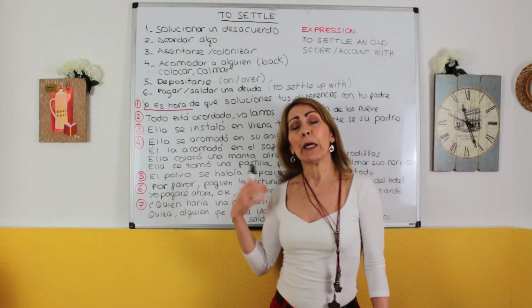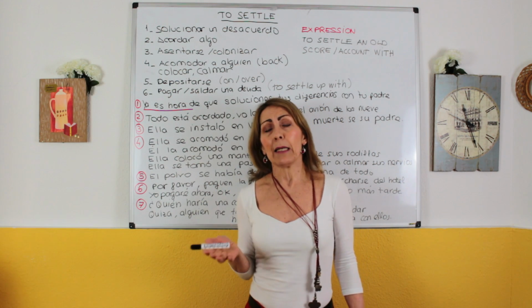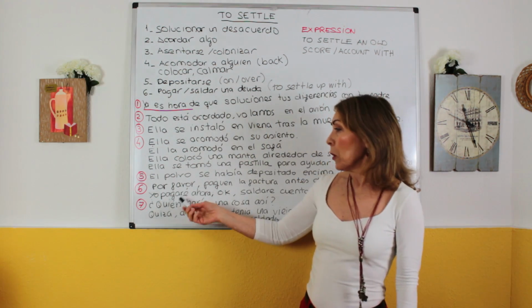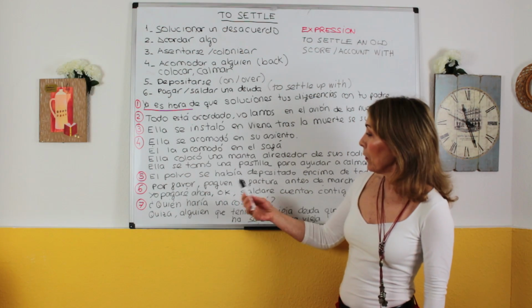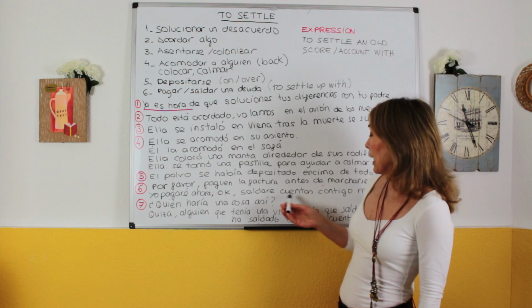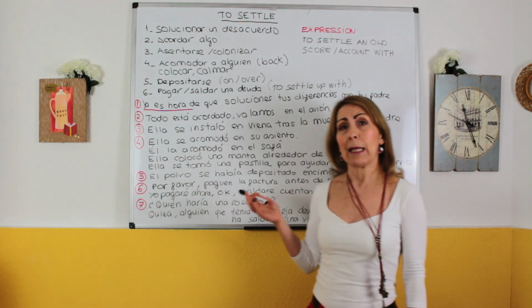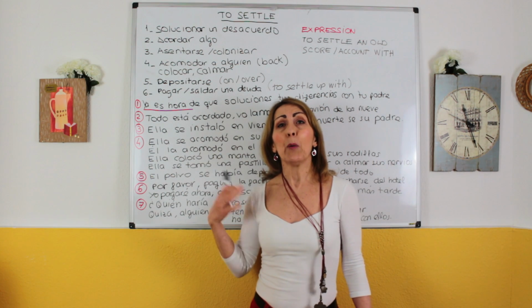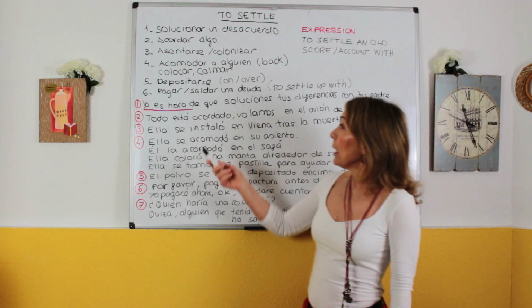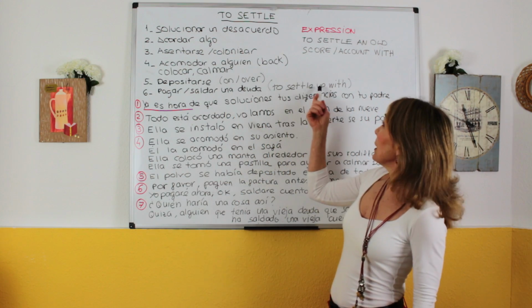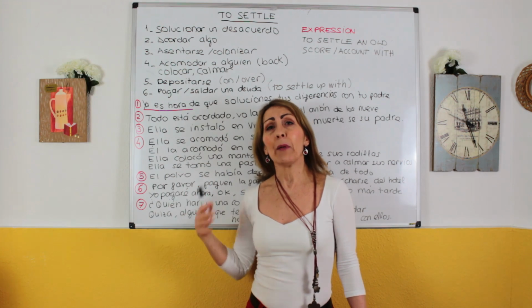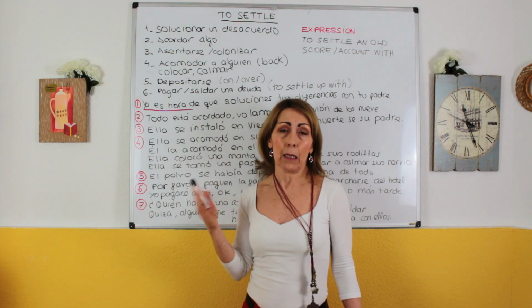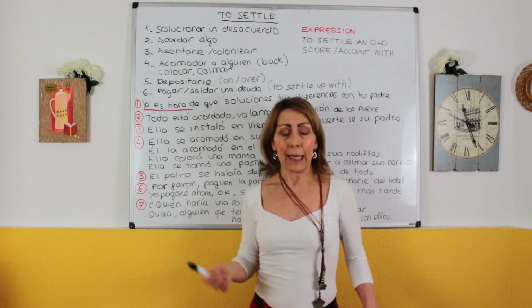The future simple because it's something that you decide at the moment. So, yo pagaré ahora, I'll pay now. And the other person says, saldaré cuentas contigo más tarde. I'll settle up with you later. Saldar cuentas, to settle up with. Or we can also say, we'll settle up later. Saldaremos cuentas, both of them, ambos, later.